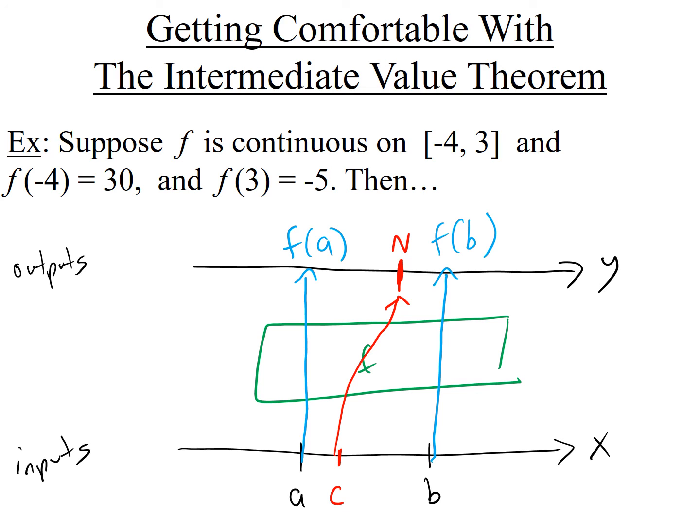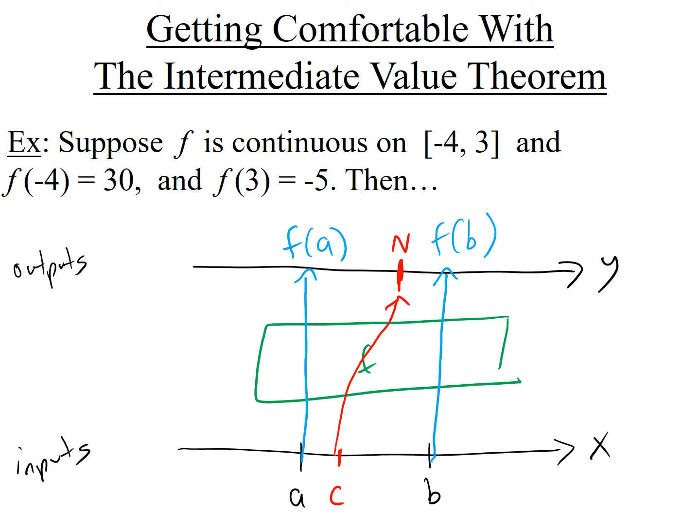Okay, so let's practice stating it once. Remember the structure. It was, if f is nice, and some story is happening with outputs, then there's an input that does something. Let me say it first.